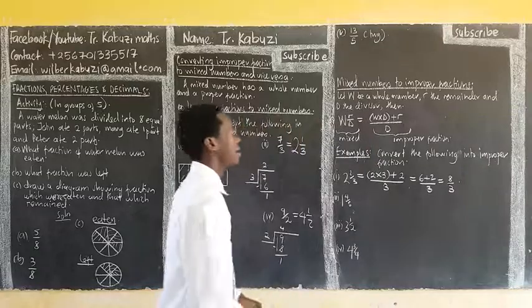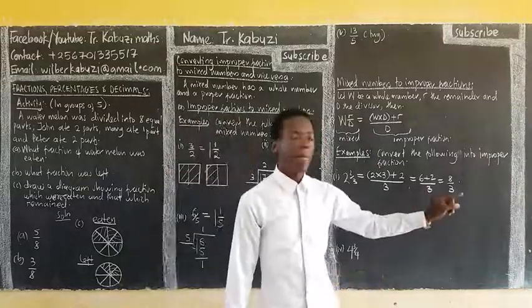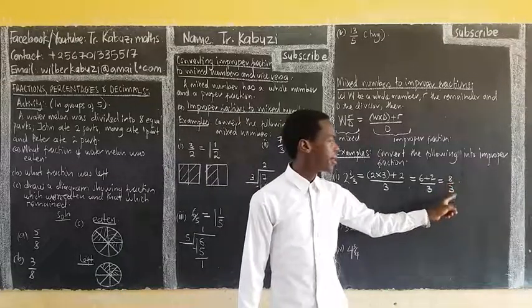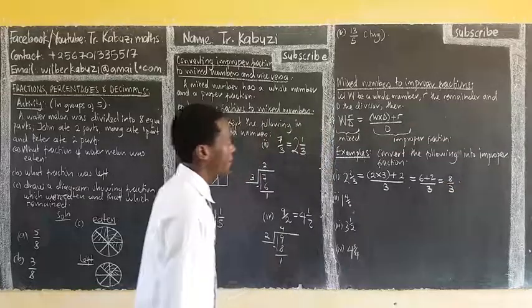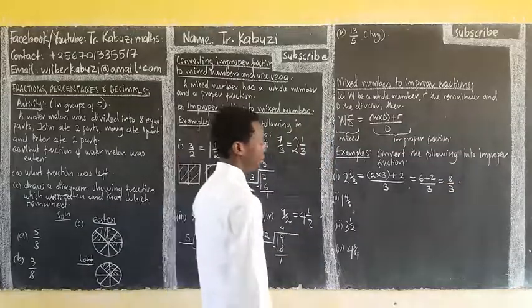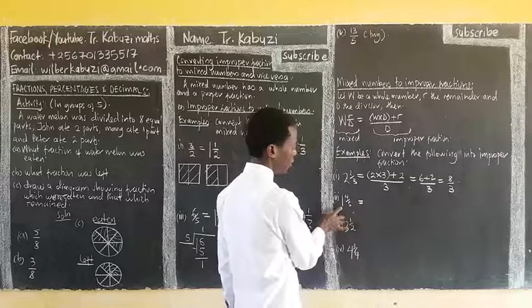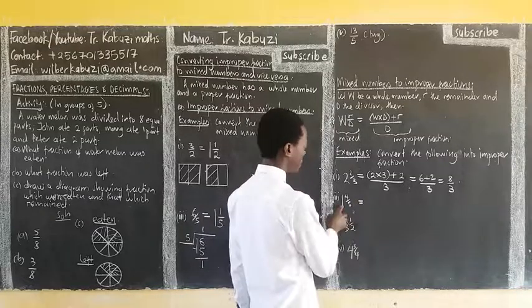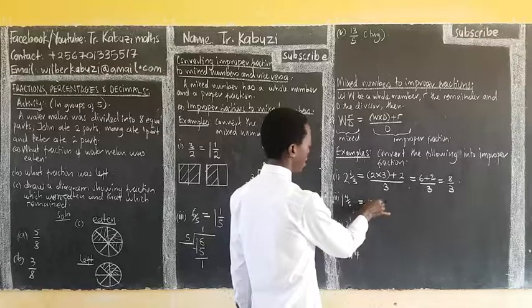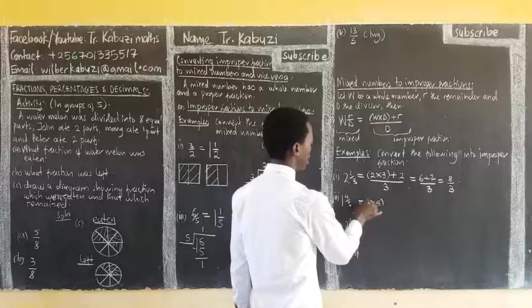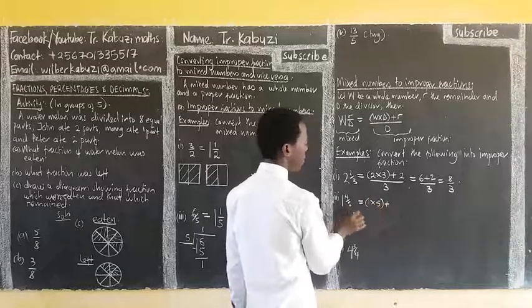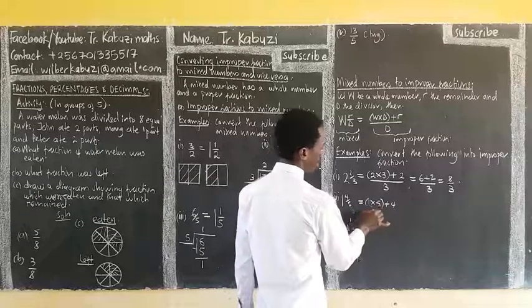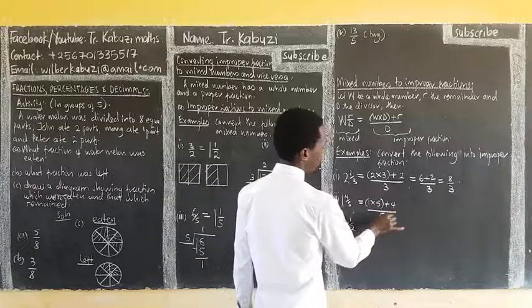And so now you see this is improper. Why is it improper? Because we said improper, this one is greater than the other one. Okay, let us come to this now. You see this is our whole number, divisor, remainder. So we get the whole number times the divisor. After that, we add the remainder, which is 4, the whole over the divisor, which is 5.